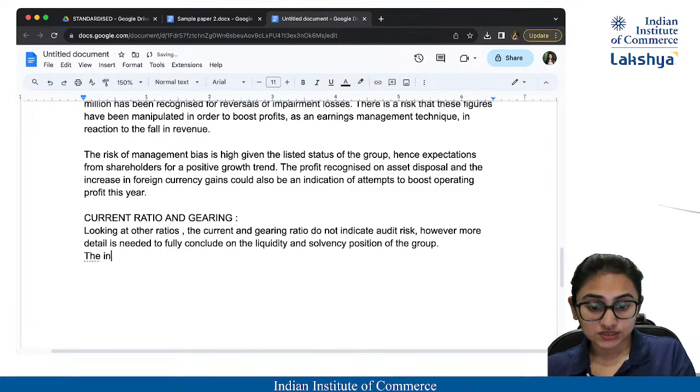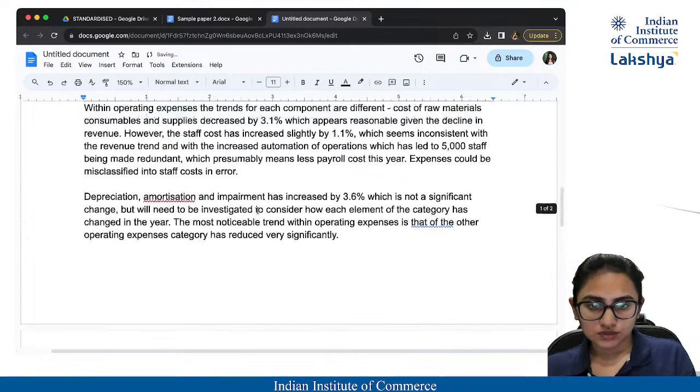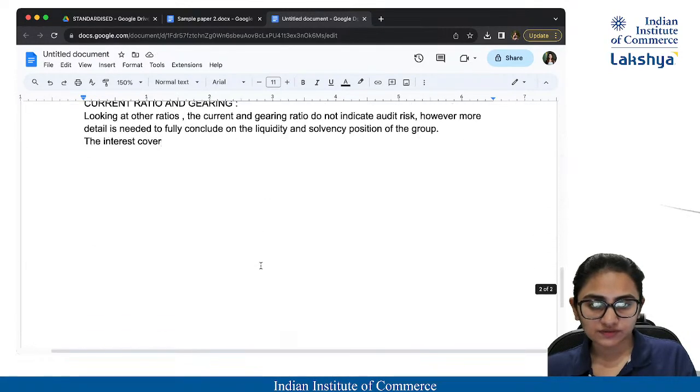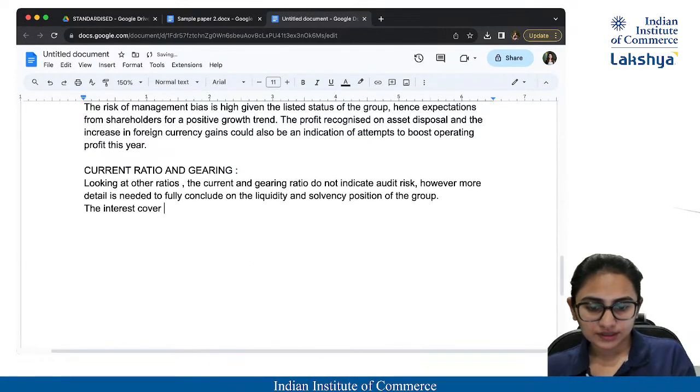Then the interest cover. Remember we calculated it, so the interest cover has increased from 9 to 12.5, due to both an increase in operating profit and a reduction in finance charges.